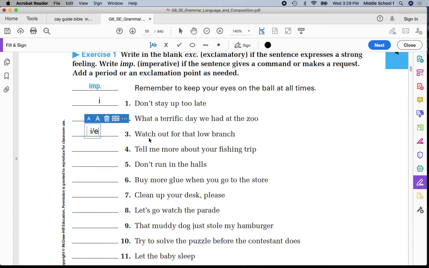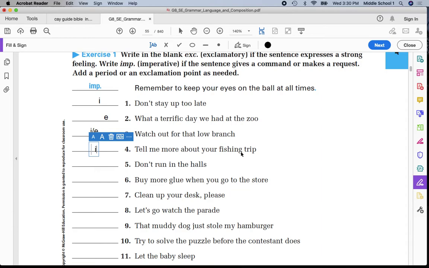But if someone was really going to be hurt badly, well, then it might be exclamatory. Number 4, tell me more about your fishing trip. Again, the simple test, you tell me more about your fishing trip. But maybe somebody was really excited, again, depending upon the writer of the story. If you were writing a story and you put an exclamation mark behind there, it wouldn't be wrong.